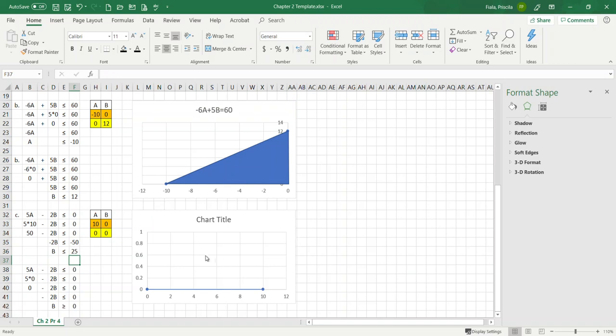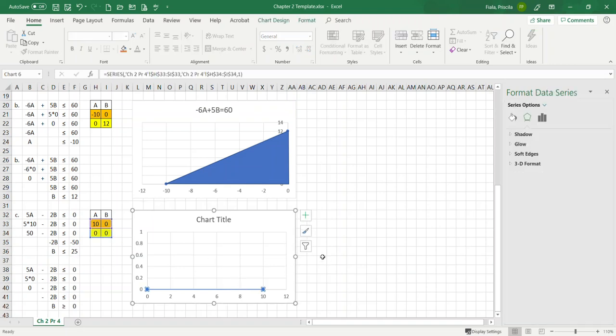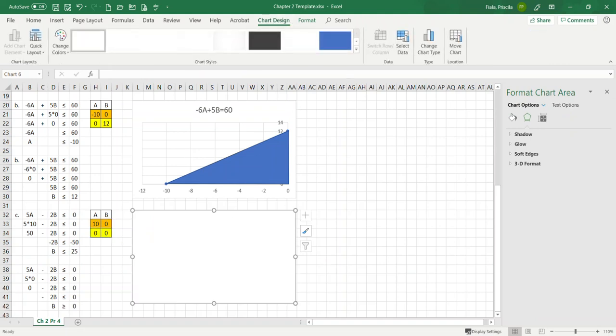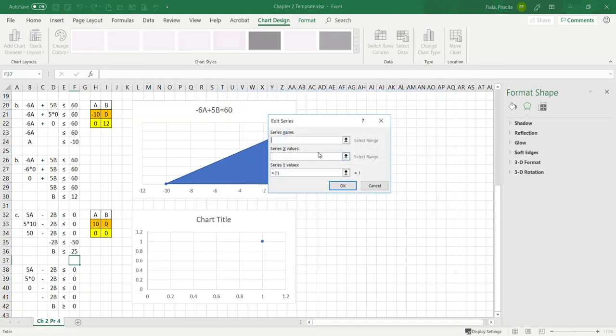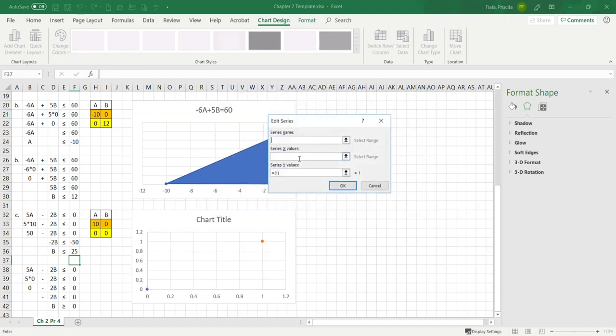So what you want to do is delete this whole thing, and now we're going to go back to the chart design, select the data, and I'm going to add my 0 and 0, which is my first point right there, and then add that if my X is 10, my Y is 25.